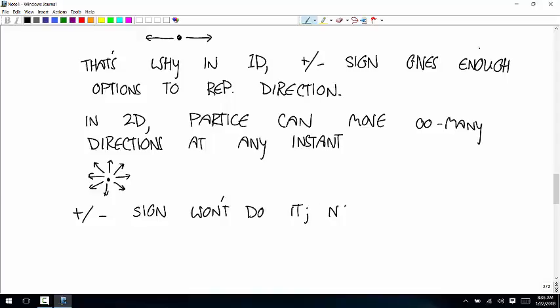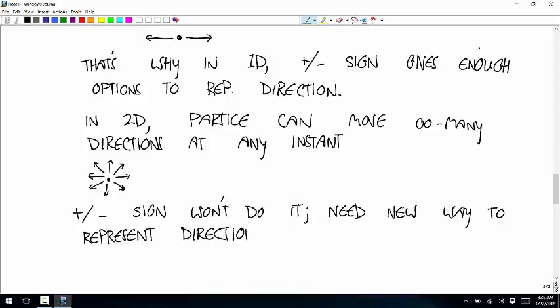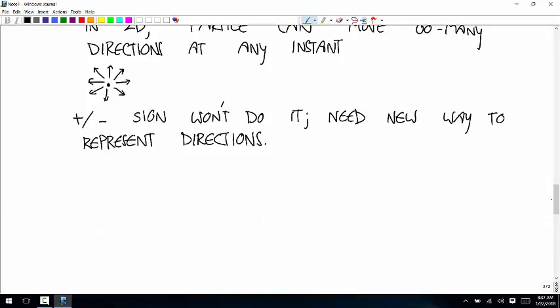So we need a new way to represent directions. There probably is a way you could represent direction in terms of some kind of smell gradient, but that's not how physicists did it. The way that we're going to do it is we're going to represent directions with vectors.